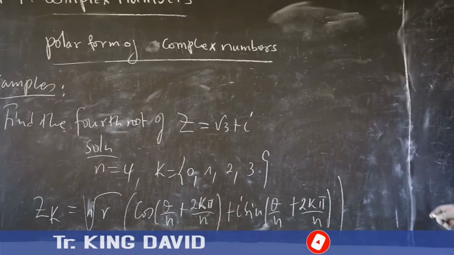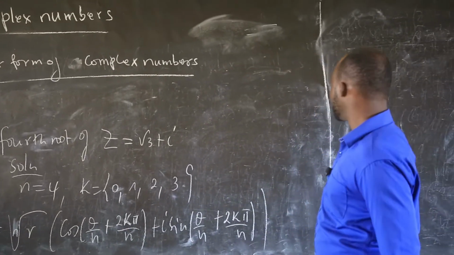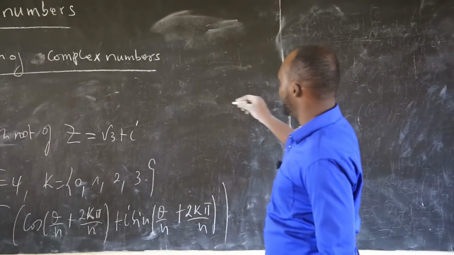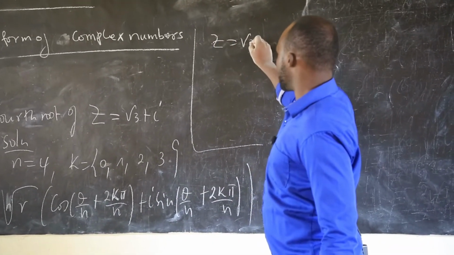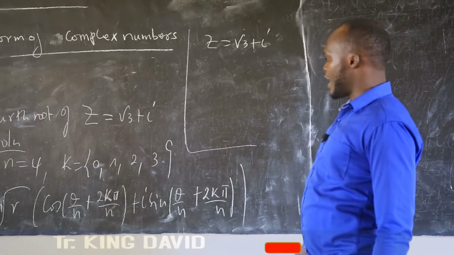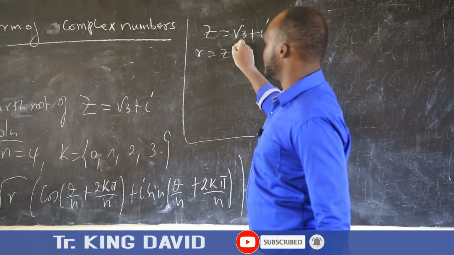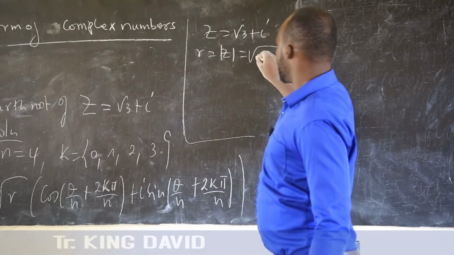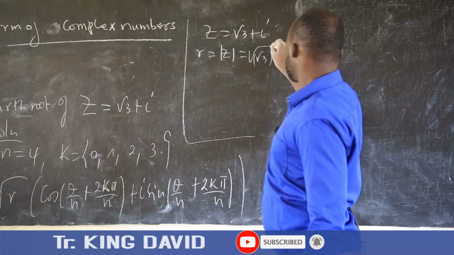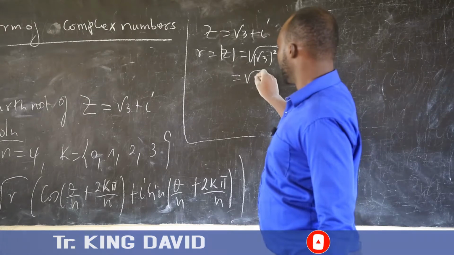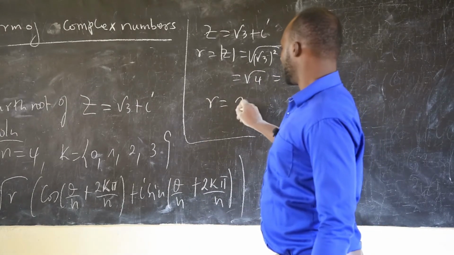Now we need to find the value of that angle. If our z is 3 plus I, what will be r and what will be the angle? r is the modulus of z, root of 3 squared plus 1 squared. That is root 4, which is 2. So our r is 2.